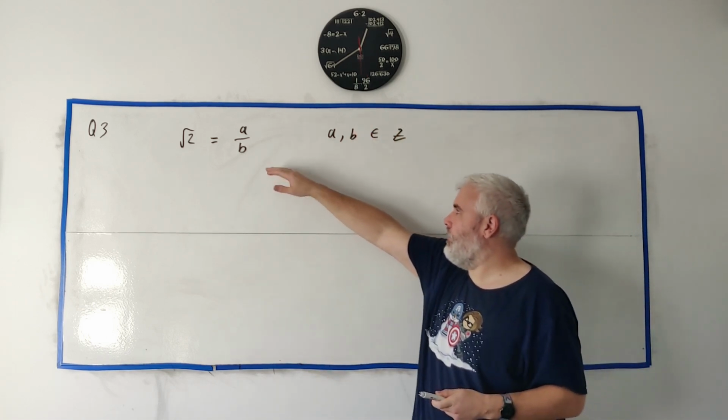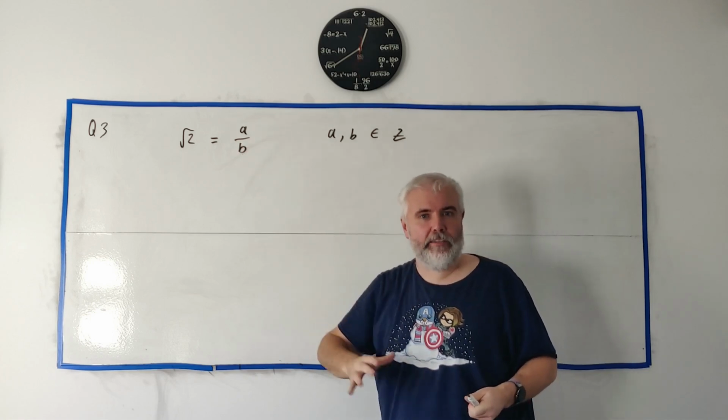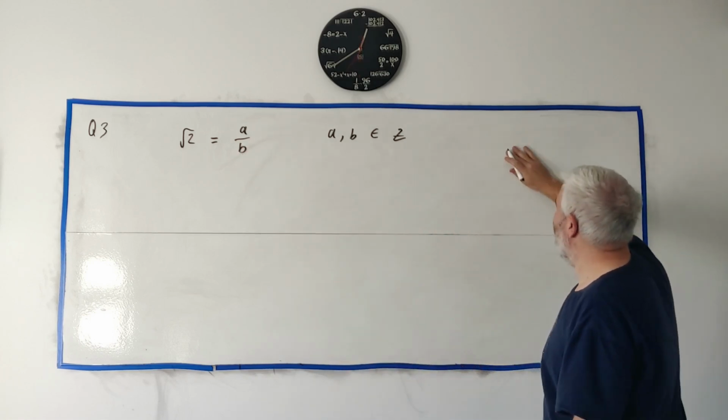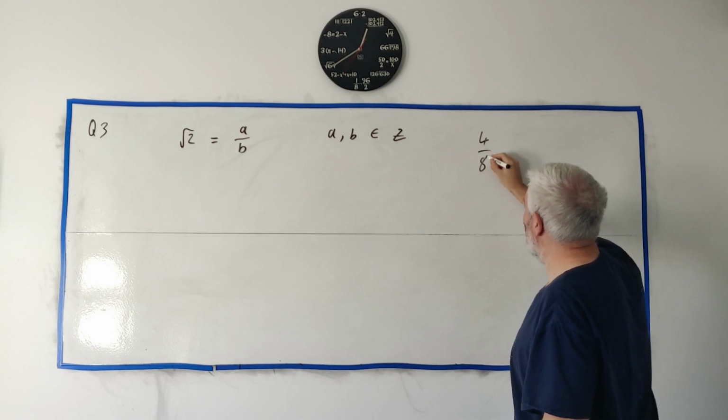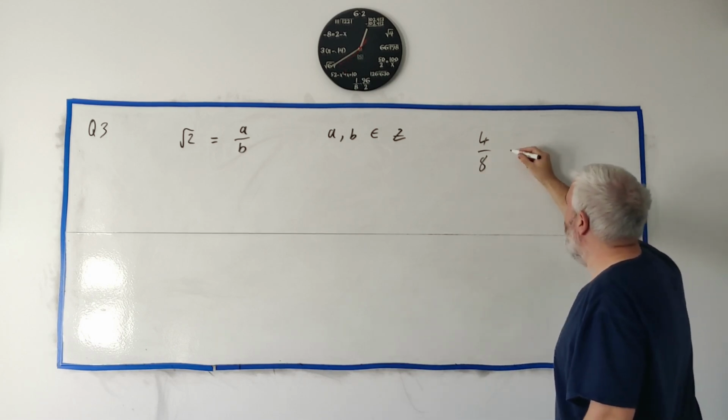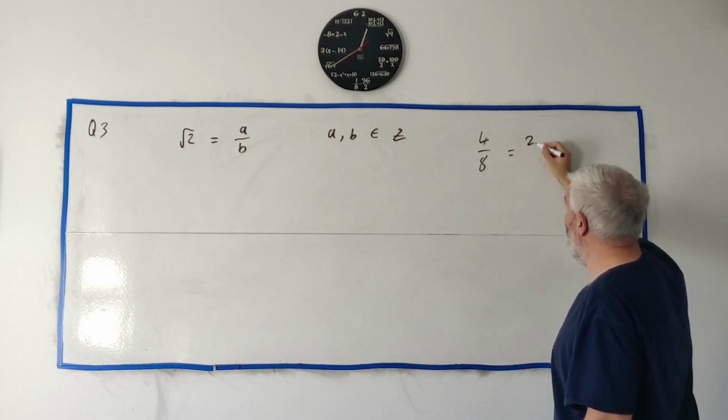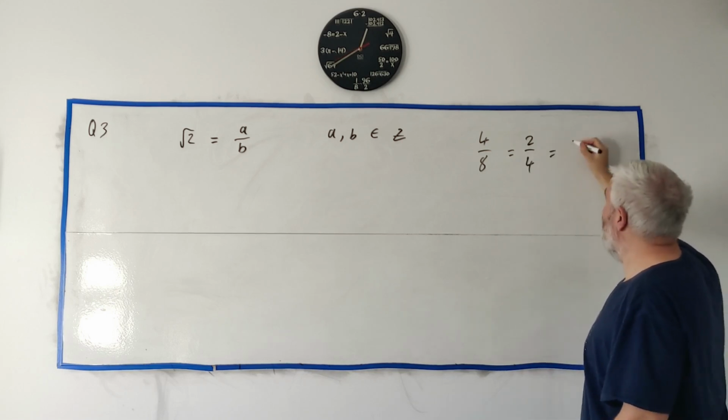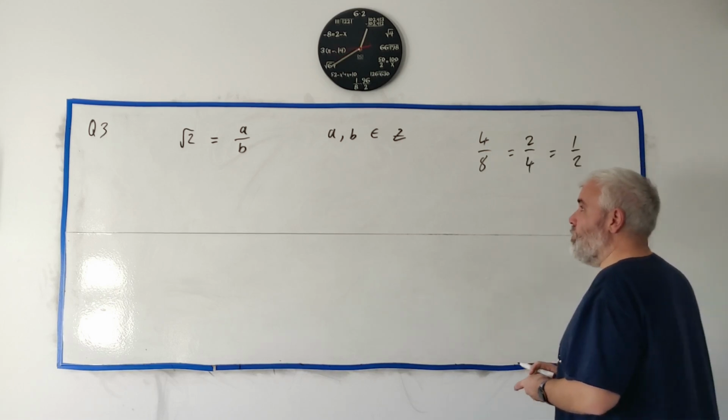Also, we'll say this is the smallest two numbers you could get, because we can just assume that. For example, like 4 over 8, we'd never have to write 4 over 8. We could write 2 over 4, but again, we'd never write that. We could write 1 over 2.